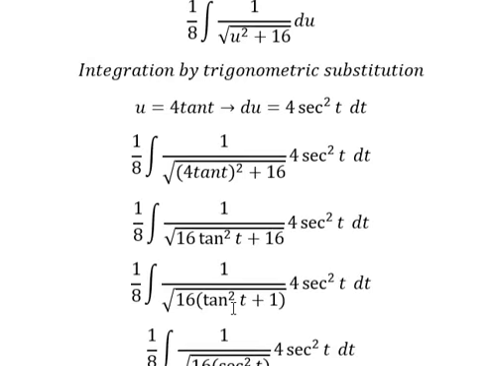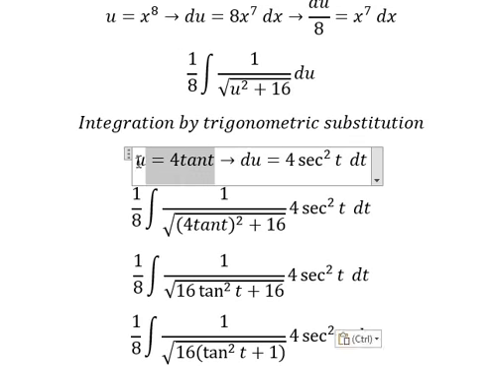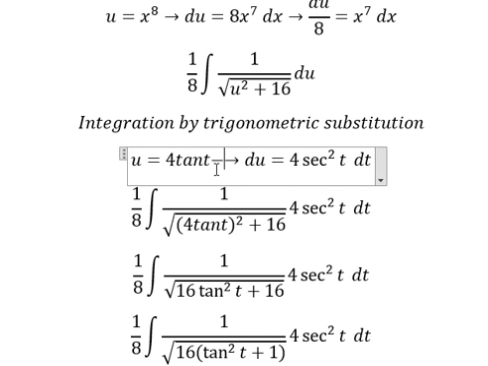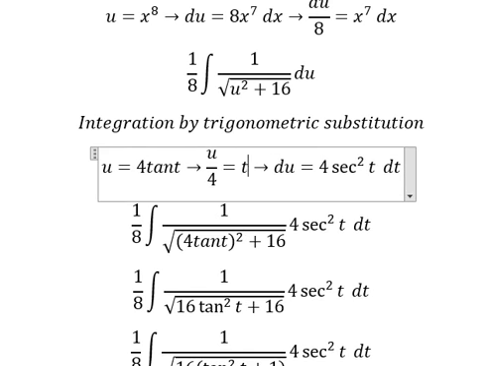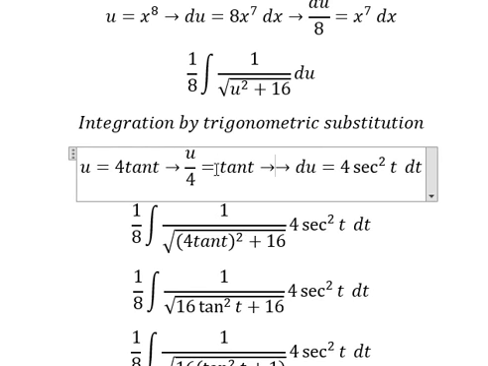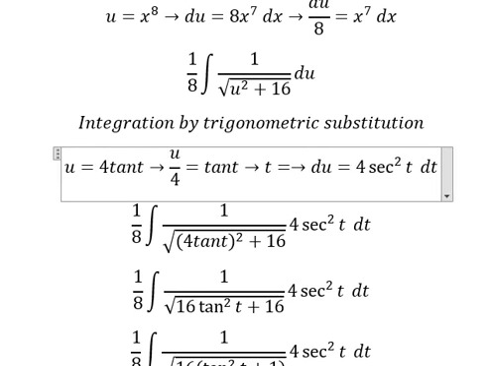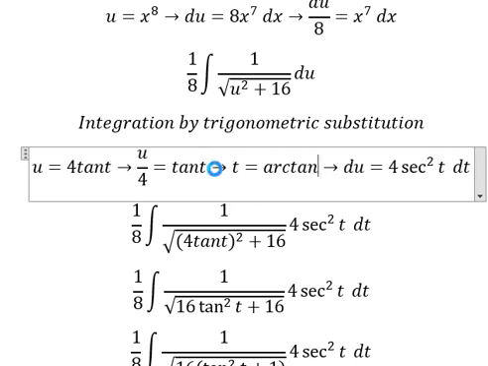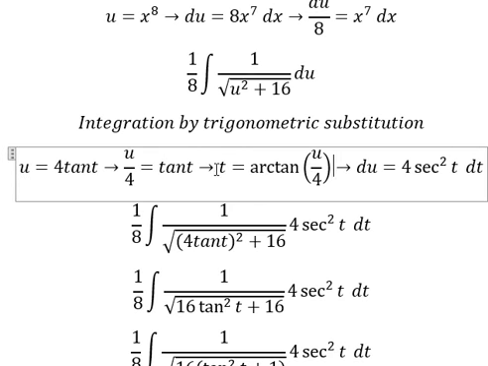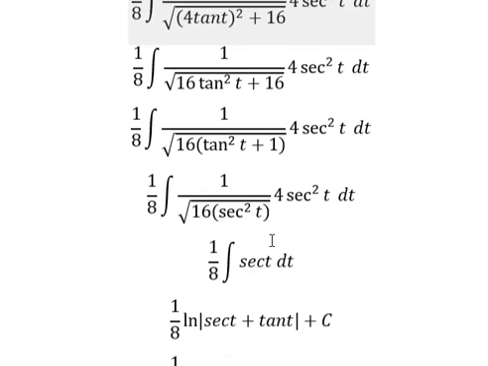About t, that is about this one. So we divide both sides by number 4. And we get t equals arctan of u over 4. So I will put this one to change for t.